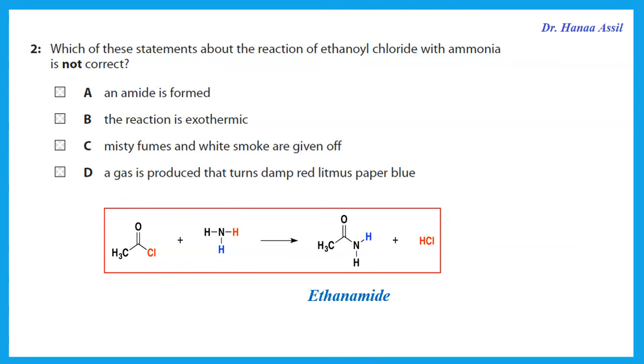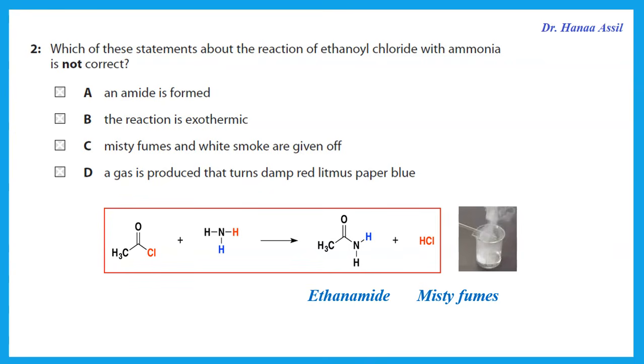The reaction is exothermic. Misty fumes and white smoke are formed. This is correct because the other product is hydrogen chloride gas, and hydrogen chloride gas is observed as misty fumes. A gas is produced that turns damp red litmus paper blue.